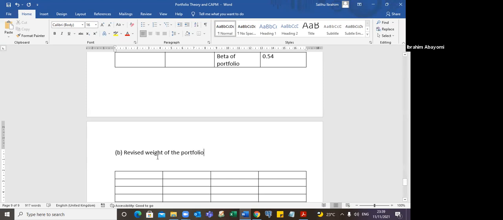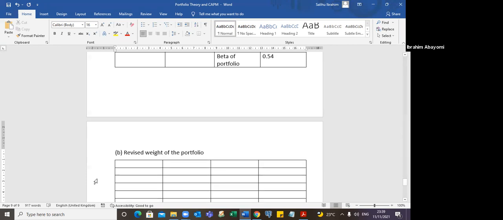So look at what is happening here. Currently, we have securities, or call them assets.